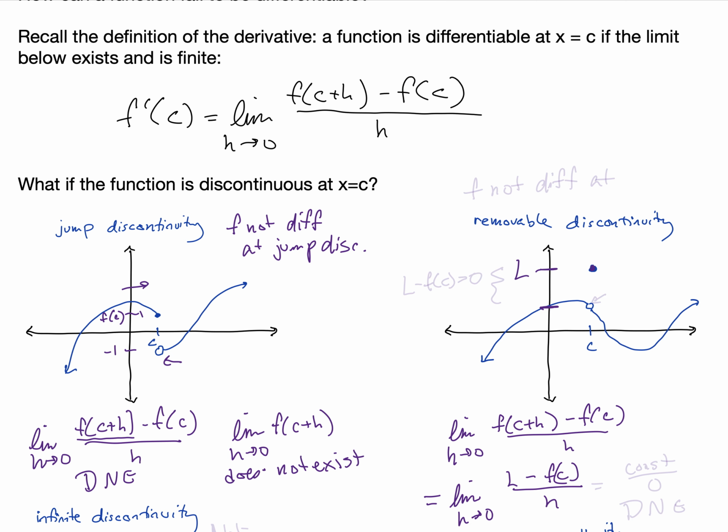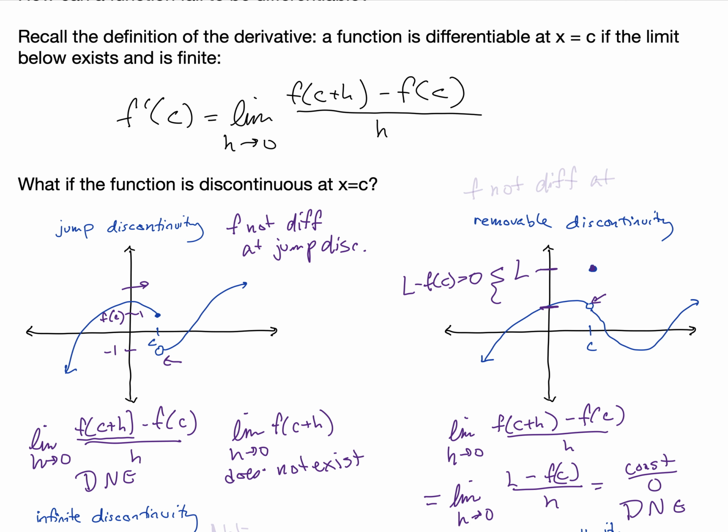The distance between L and f of c, L minus f of c, is greater than 0 because there is a discontinuity. If it was equal to 0, then it would be right there and there wouldn't be a hole. So we have some constant over 0 as h goes to 0, and this limit does not exist.